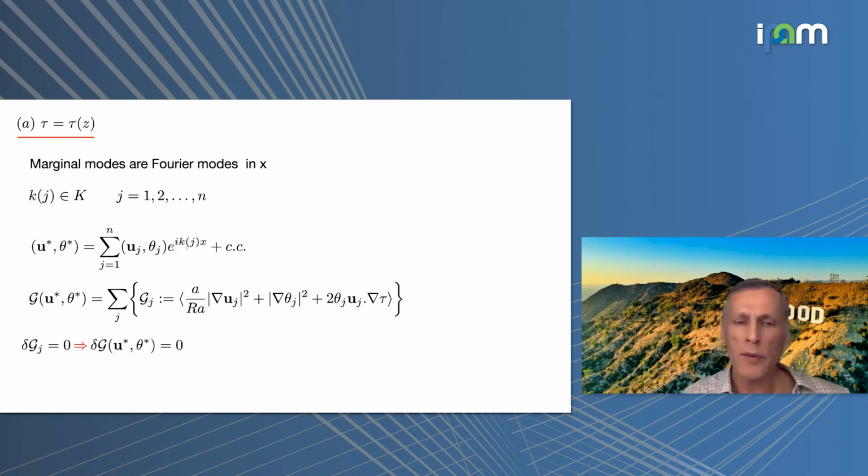Okay, so there's a further simplification here too, in that this g is also just simply the sum of the g_j's of the individual Fourier modes. And this is crucial because what it tells me is if I do the variation of the g_j's with respect to the individual Fourier modes, and I set those all to 0, it's exactly the same as taking the variation of the full g with respect to my composite velocity field, in other words, this optimal field here.